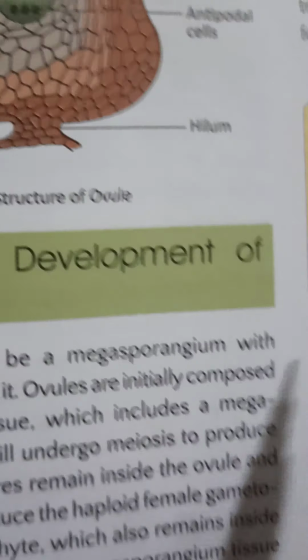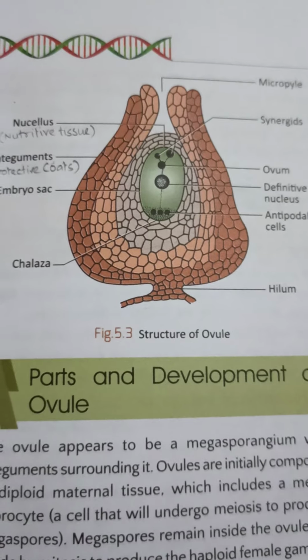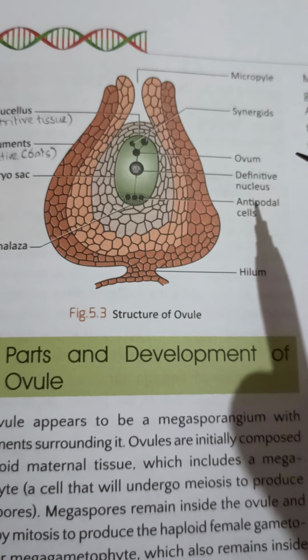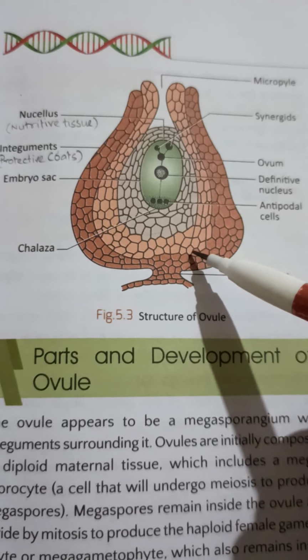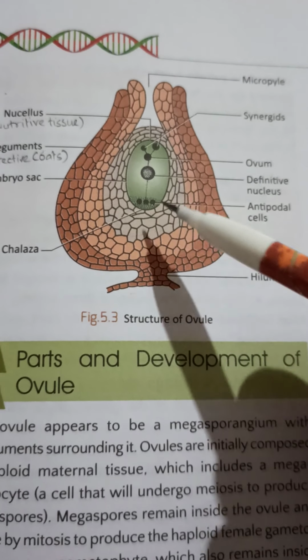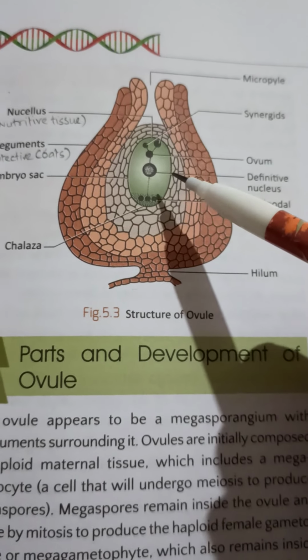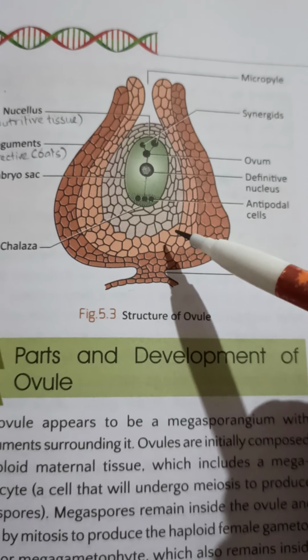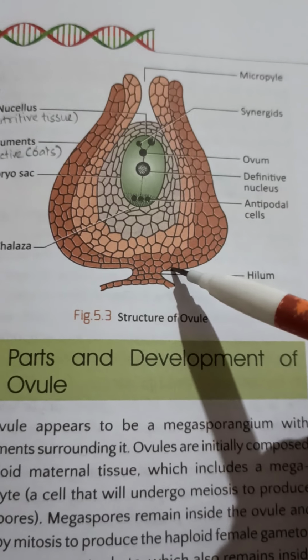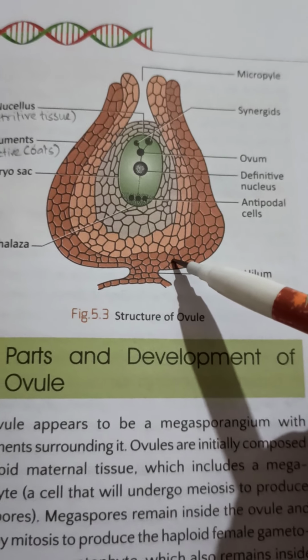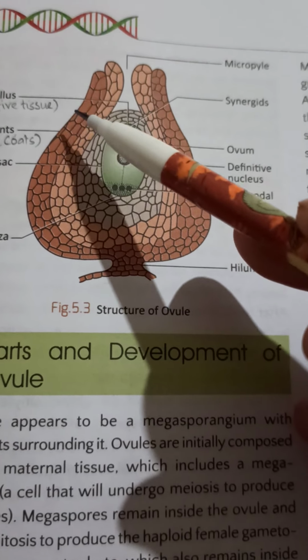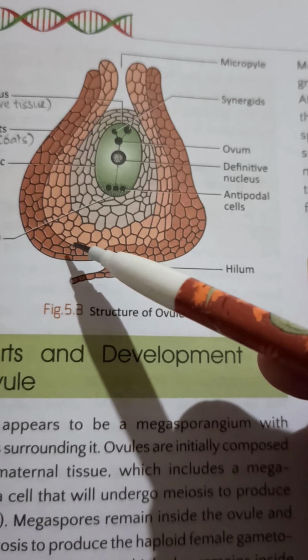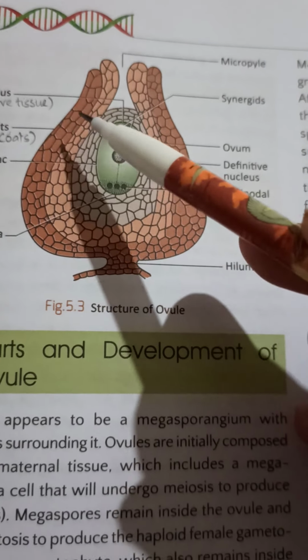Next, we have to discuss the structure of the ovule. The ovum is located in the ovule, and the ovule is a structure contained in the ovary, surrounded by a protective cell layer termed the integument.